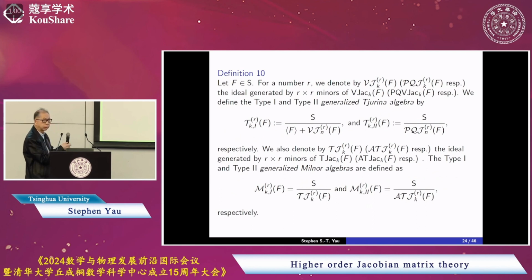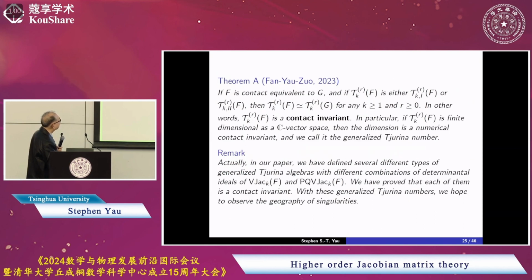That means if two functions have biholomorphically equivalent varieties, then these algebras are isomorphic. So these numbers, if finite dimensional, must be invariant. Both type 1 and type 2 are invariant. Actually, in our paper there are more generalized Tjurina numbers than the type 1 and type 2 I show here. For simplicity, I only show two of them.